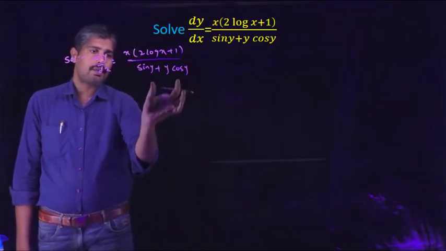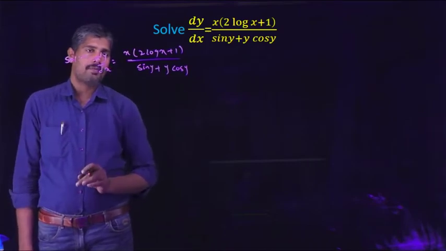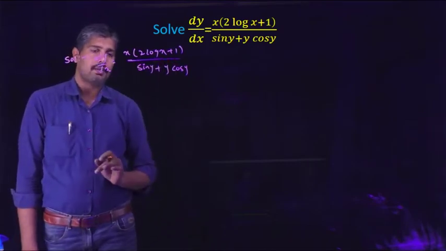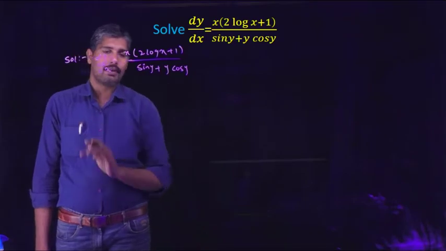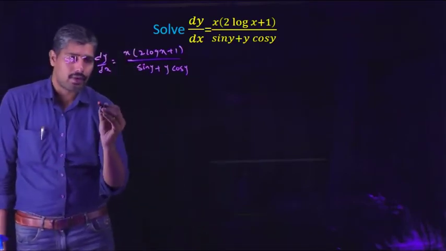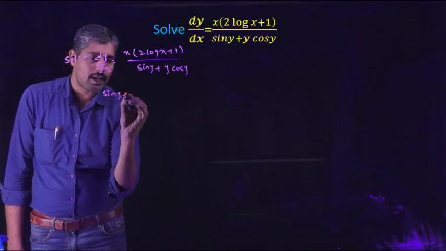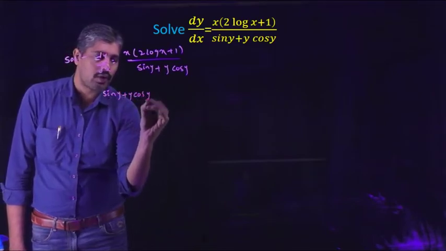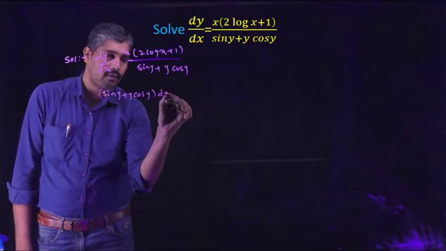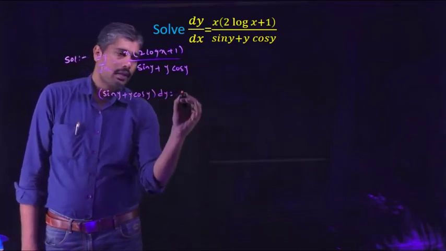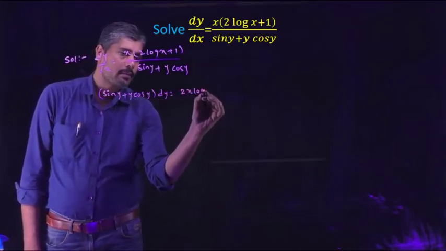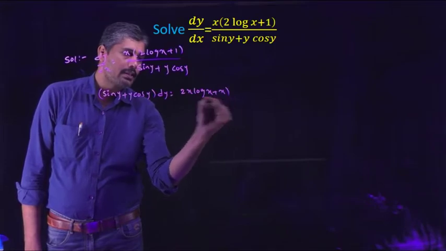Why? Here y terms are in the denominator and x terms are clearly in the numerator. Then separating y terms and x terms, we get (sin y plus y cos y) dy equal to (2x log x plus x) dx.